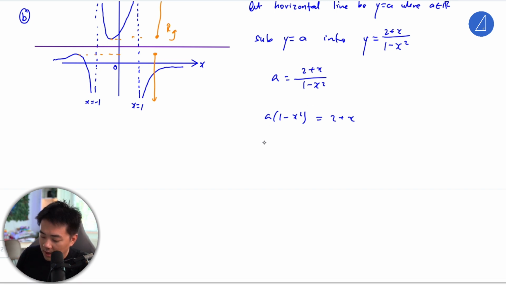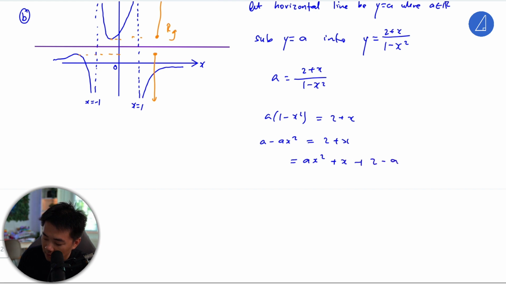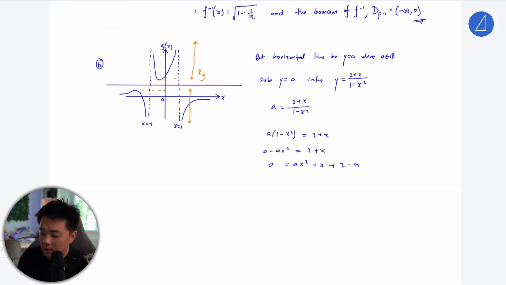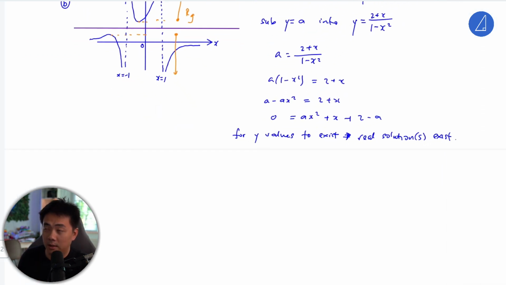So what I'm going to get is a minus ax squared equals 2 plus x. Then this is ax squared plus x plus 2 minus a equals 0. Since we want the y value to exist, it means we want a real solution. Real solution exists just means the discriminant must be at least 0.